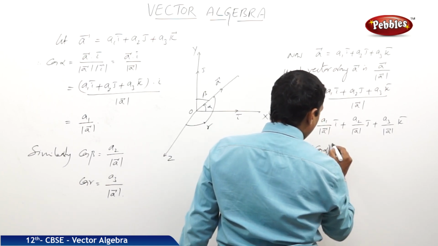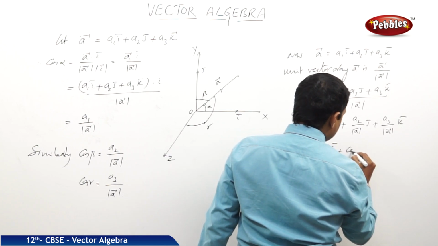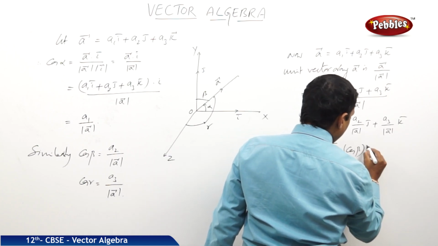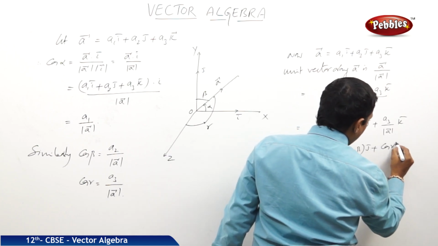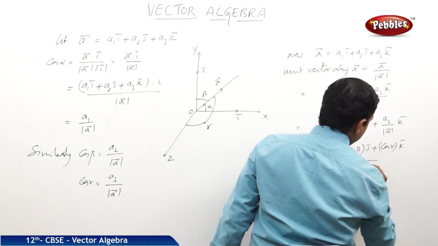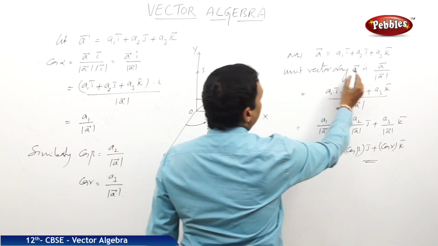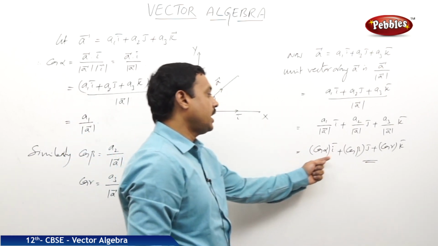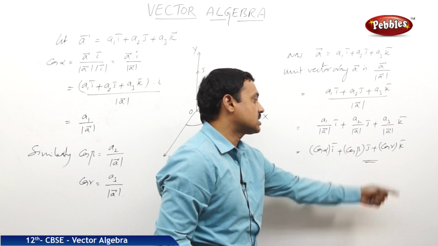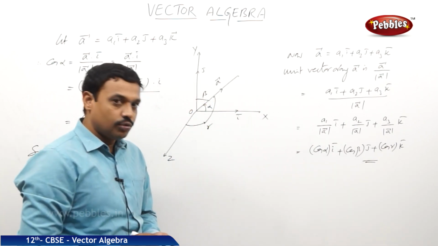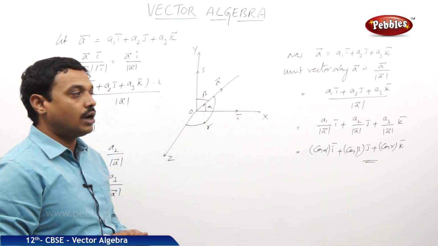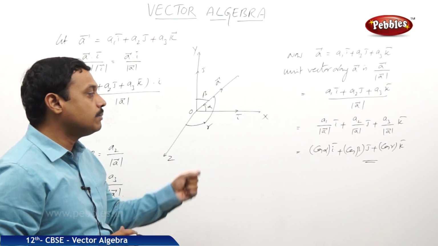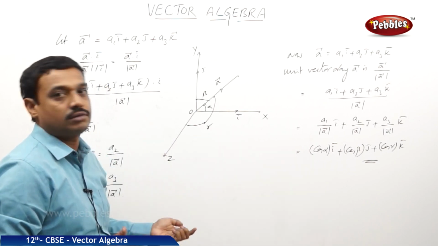Cos alpha into I vector, cos beta into J vector plus cos gamma into K vector. Therefore, the unit vector along A bar is cos alpha I plus cos beta J plus cos gamma K. So, whenever you find a unit vector, then its components are simply the direction cosines of the vector.